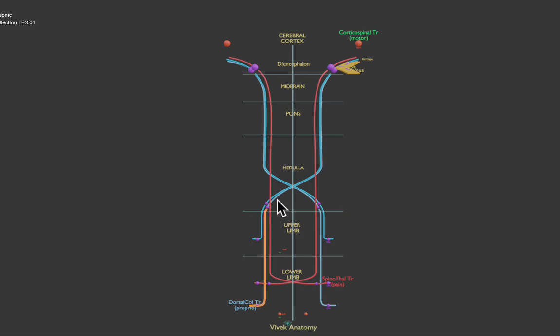The second order neurons are formed in the medulla that crosses the midline. Then as usual they go to the thalamus from where it will be projected to the cerebral cortex. So the difference between spinothalamic tract and the dorsal column tract is one crosses immediately, one crosses much later in the medulla.